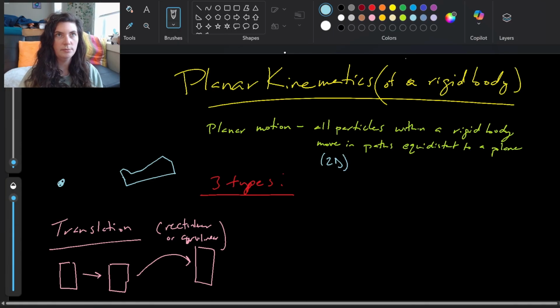Another one you will see, we will definitely go over all of these. We're going to talk about each one of these in way more detail. This is just a nice introduction for you. Our next one that we'll see is rotation about a fixed axis.